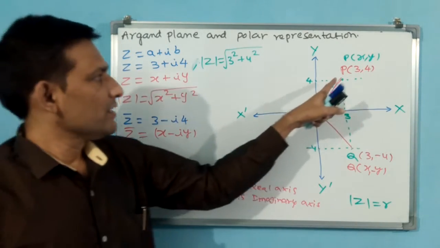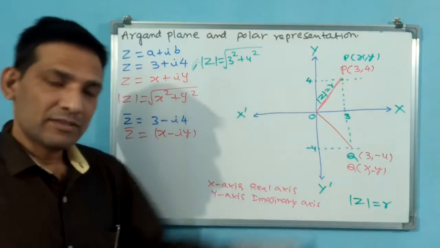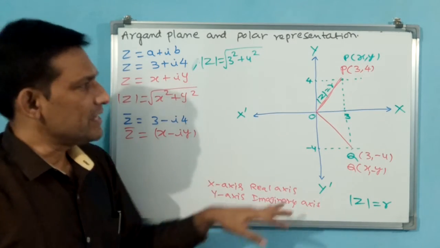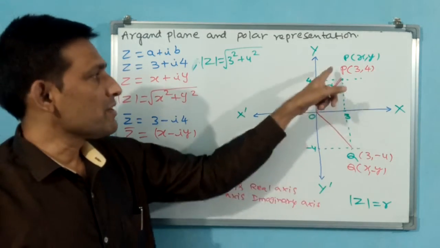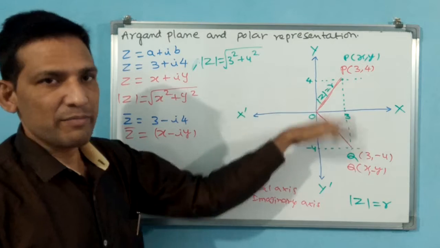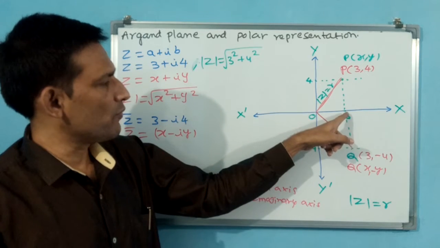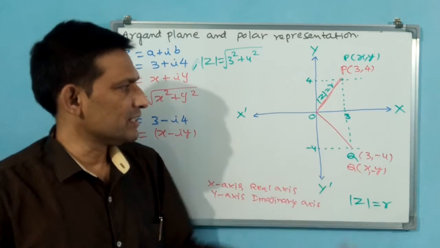We can say the conjugate is a mirror image of the complex number. Z bar is a mirror image of the complex number. Same distance. You see how much distance? 4 units in the positive side, 4 units in the negative side, but the same distance.